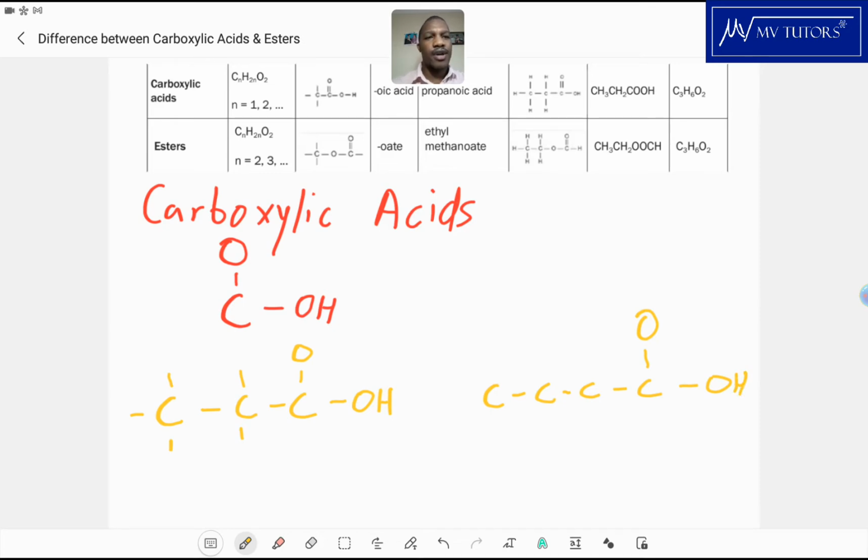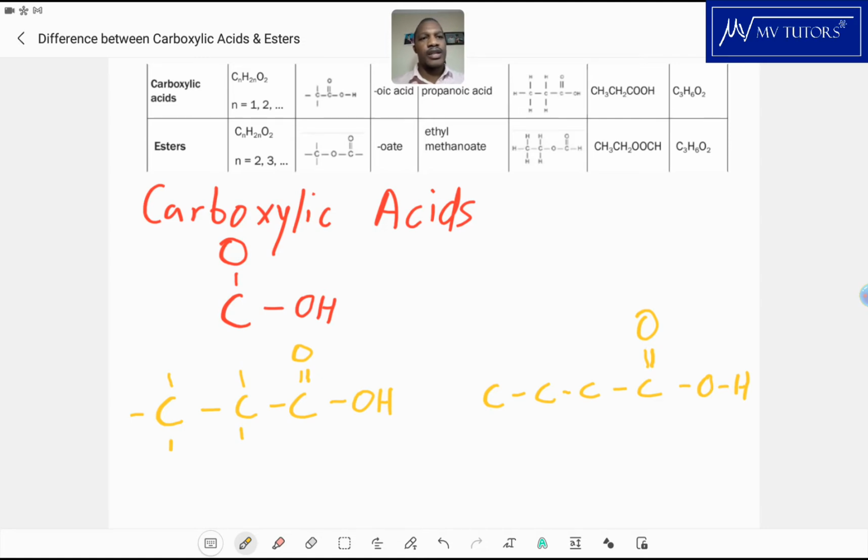Now, an O always has 2 bonds. So this one has to have 2 bonds, this one has to have 2 bonds. This one, let's remove that and put it like this. It has to have 2 bonds. You can also put an OH like this. It has 2 bonds, one on the left and one on the right.